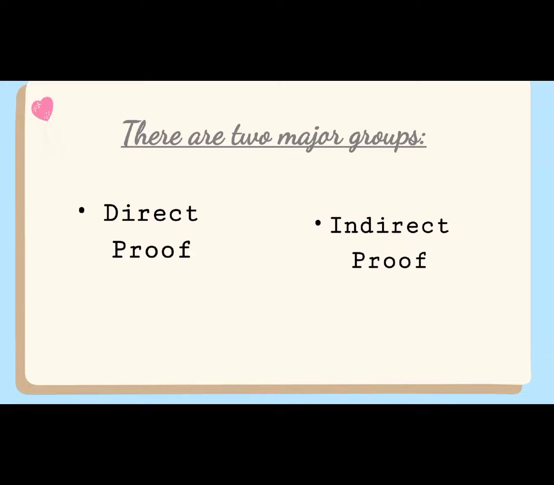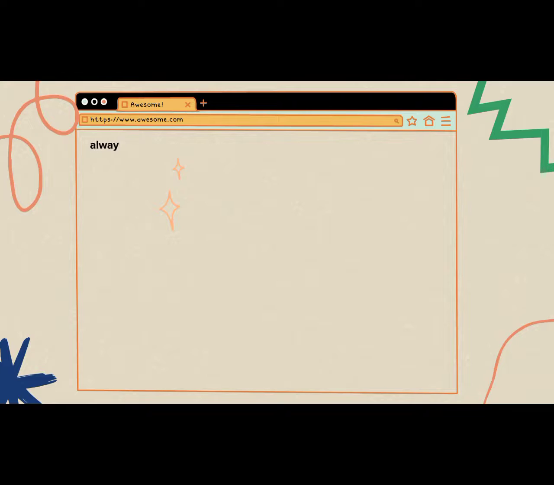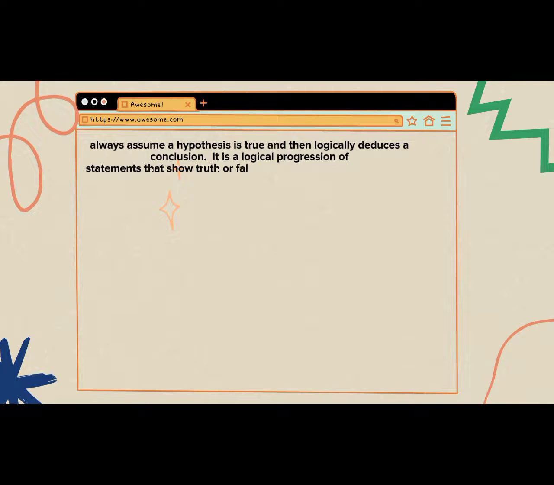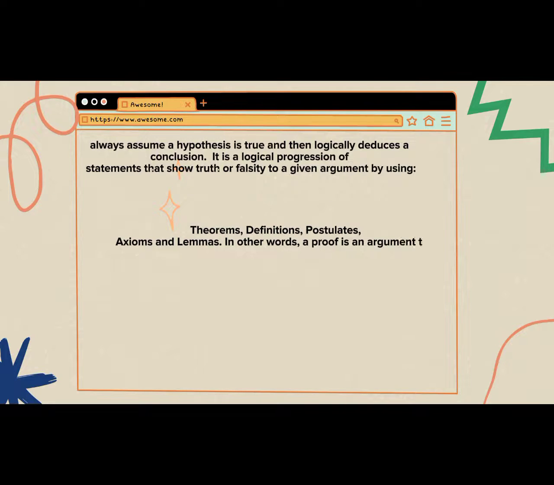So when we say a direct proof, always assume a hypothesis is true and then logically deduces a conclusion. It is a logical progression of statements that show truth or falsity to a given argument by using theorems, definitions, postulates, axioms, and lemmas. In other words, a proof is an argument that convinces others that something is true.